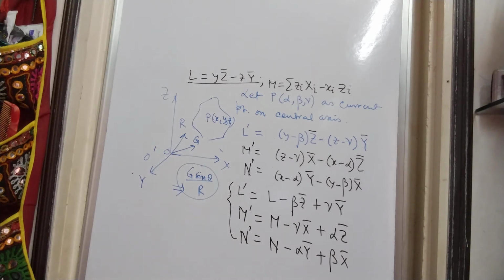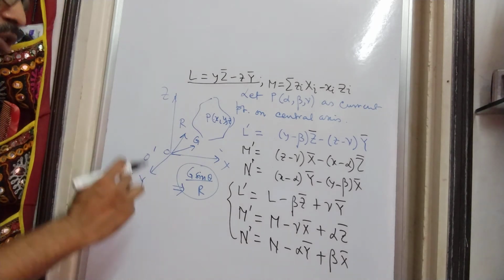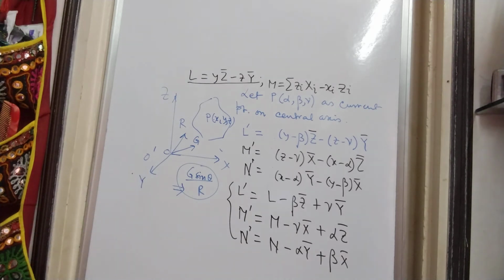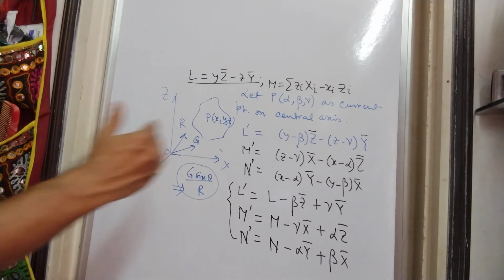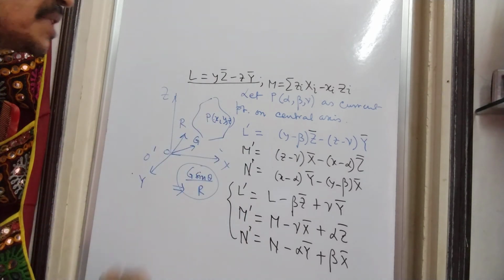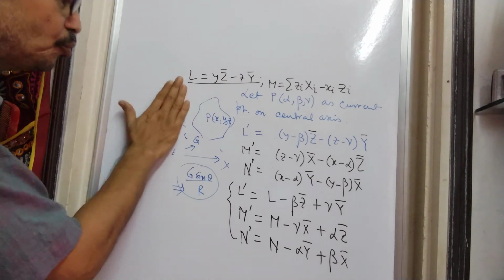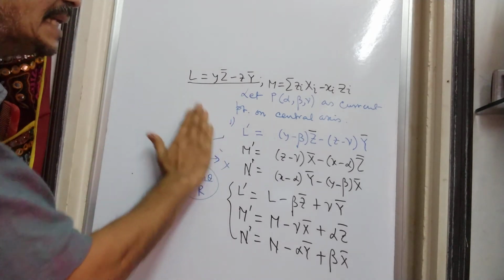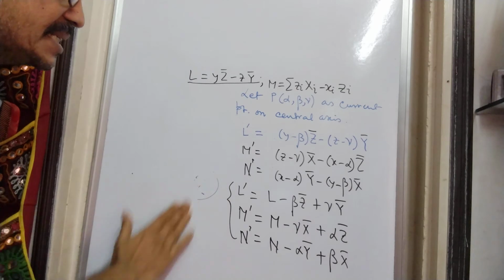Now let us move on, or remember that, what is the Poinsot central axis? Poinsot central axis is a line through which both R and G cos theta act, isn't it so?